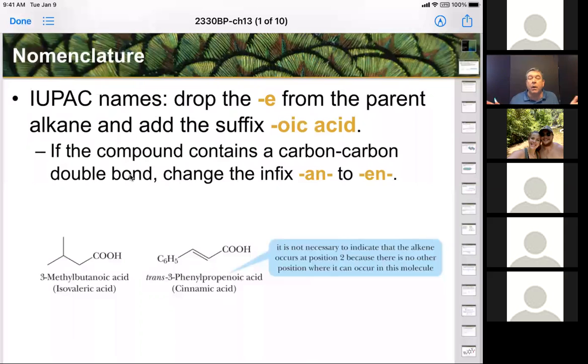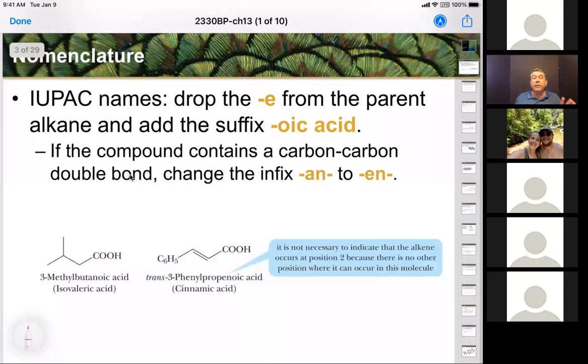We still follow all the other rules, where the prefix is the number of carbons in our chain, and the infix tells us that we have double bonds or triple bonds in that chain. Those are put in the same order as on all the other nomenclature, except now we just add oic acid to the end.